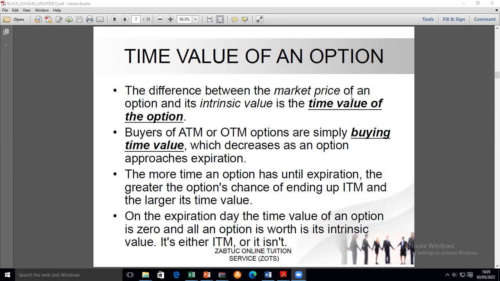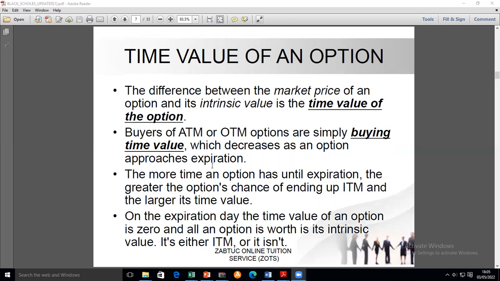The difference between the market price of an option and its intrinsic value is called the time value. Buyers of at the money or out of the money options are simply buying time, which decreases as an option approaches expiration.